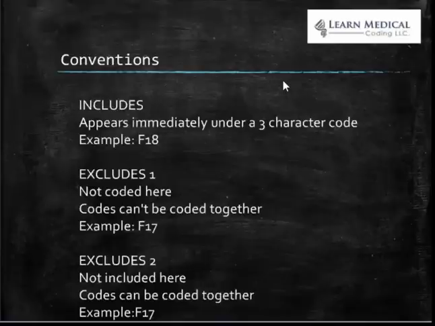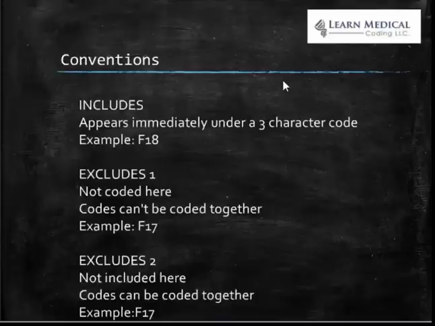Okay, so now let's talk about includes and excludes. Includes means that if you see a diagnosis with an includes under it, the diagnosis listed with the includes will also fall within this category or subcategory. If you look at F18, inhalant-related disorders, it says that it includes the volatile solvents.